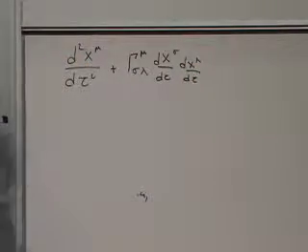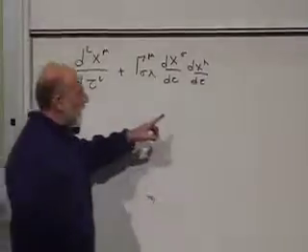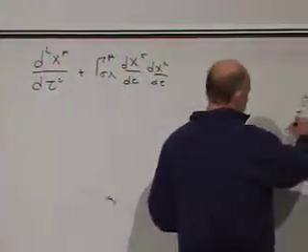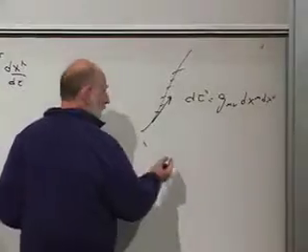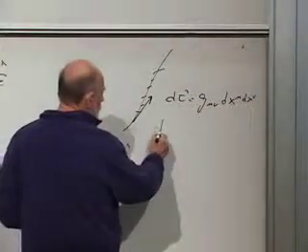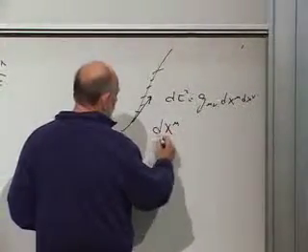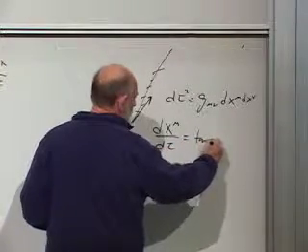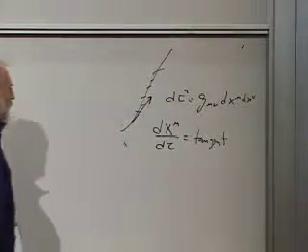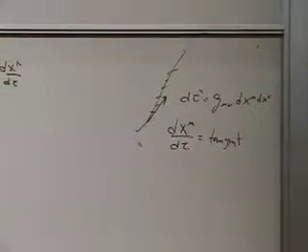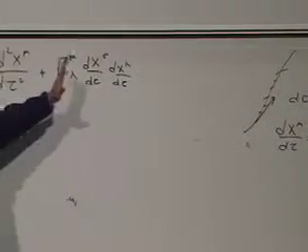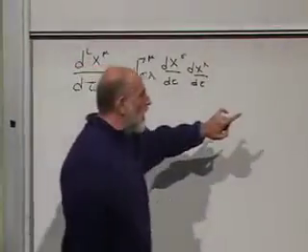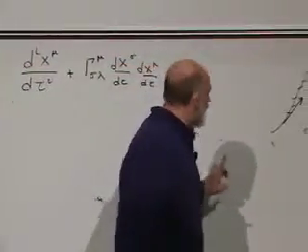This is the covariant derivative of the tangent vector. Remember what the tangent vector is. The tangent vector is the vector whose components are dx mu by d tau. That's the tangent vector. All right. Then we take the tangent vector and covariantly differentiate it along the trajectory itself.